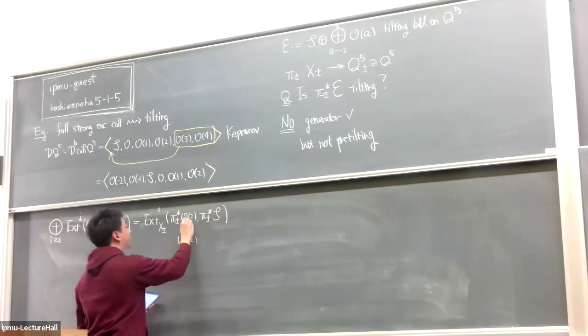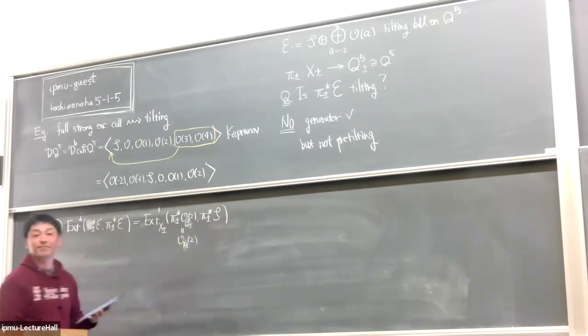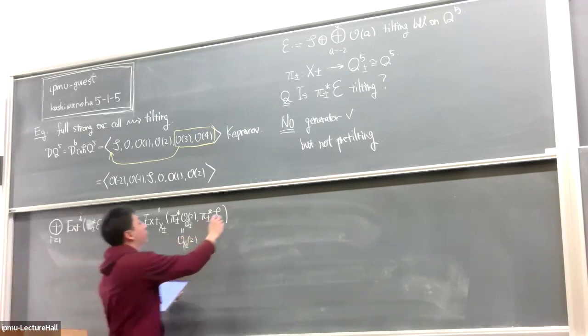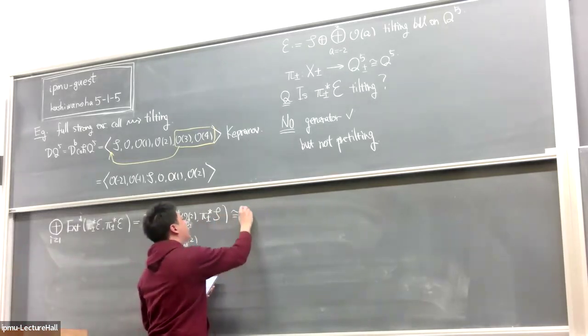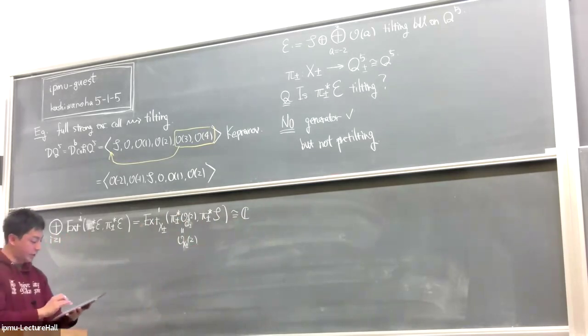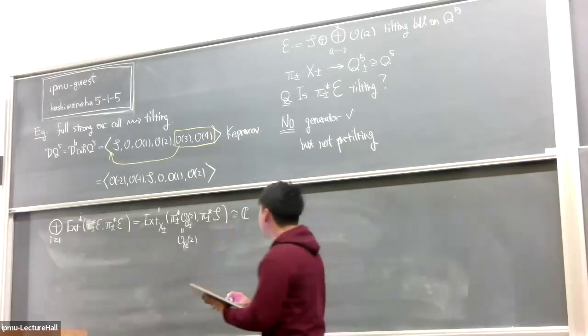This is the definition. So let's look at this Ext. Then this non-vanishing extension actually is one dimensional. This is basically from the Weyman computation.